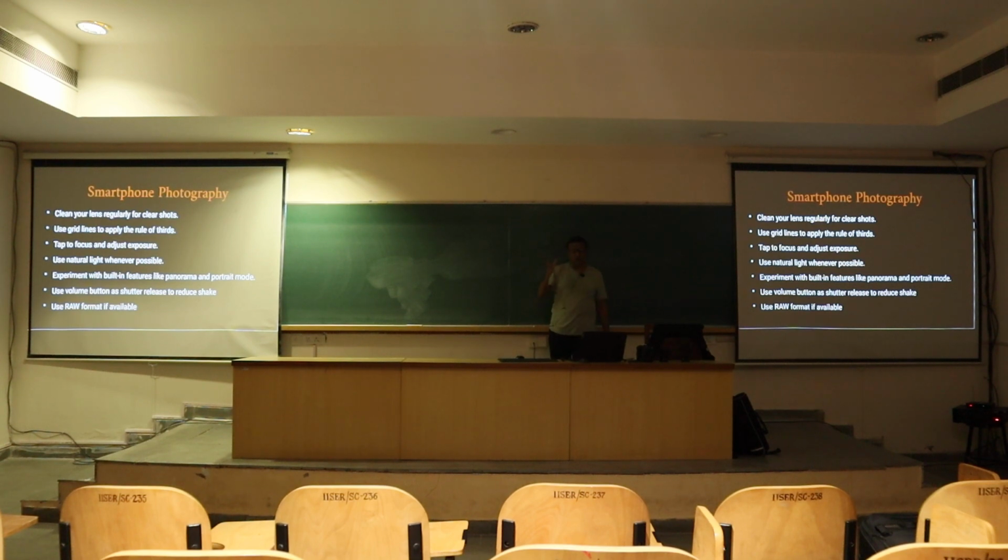And use RAW format. What is a RAW format? RAW format is whatever the camera sees, it doesn't change it to a JPEG or any other compressed file format, but it stores that data in a file that's called a raw image file.